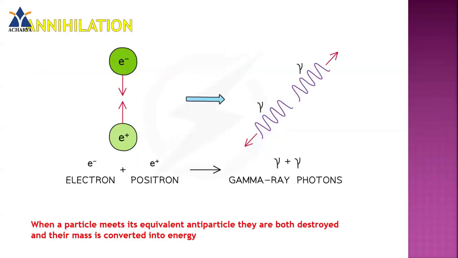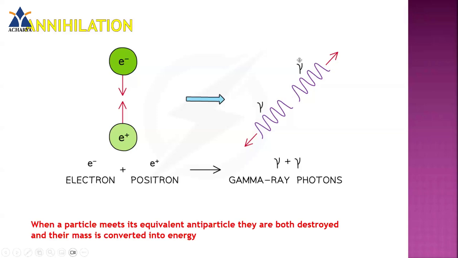So this is another process where, after administering the radioactive isotope into the body, the radioactive isotope emits a positron because it is a PET radionuclide. PET radionuclide means it is emitting the positron. That emitted positron reacts with the electron of the particular tissue.